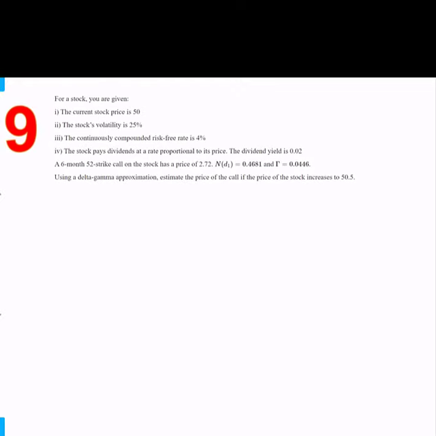Number 9. For a stock you are given: the current stock price is 50, so S_t is 50. The volatility sigma is 0.25. The risk-free rate... delta is 0.02.